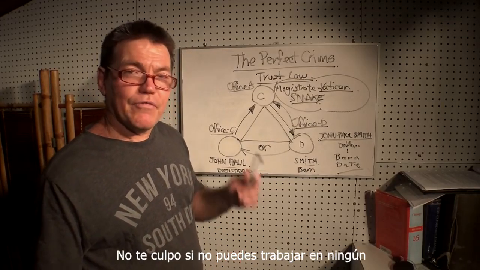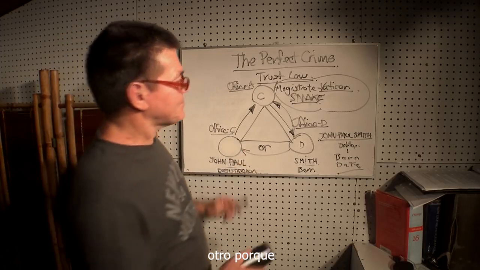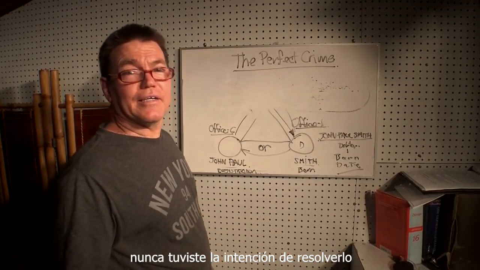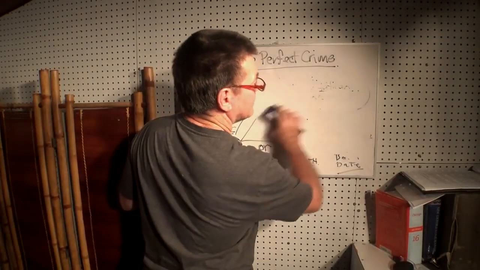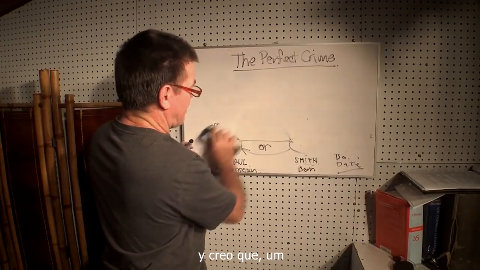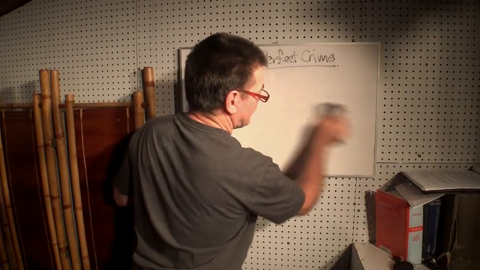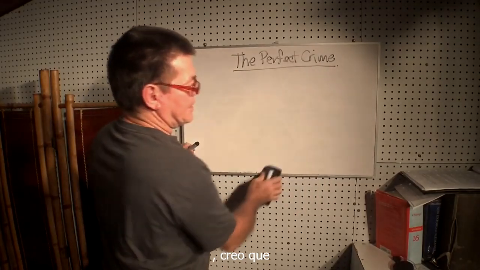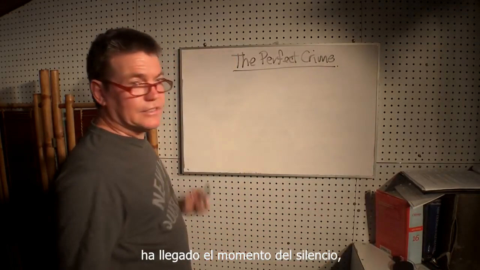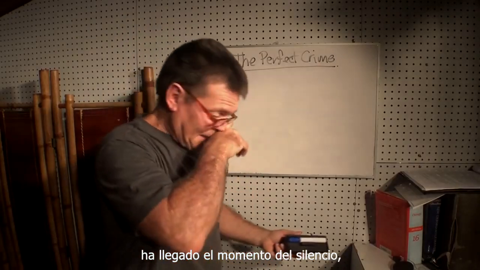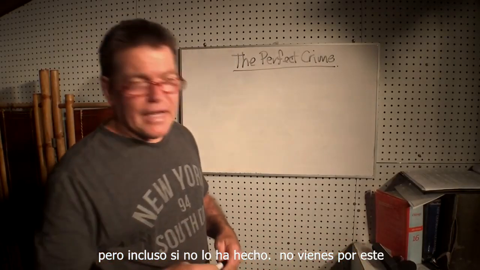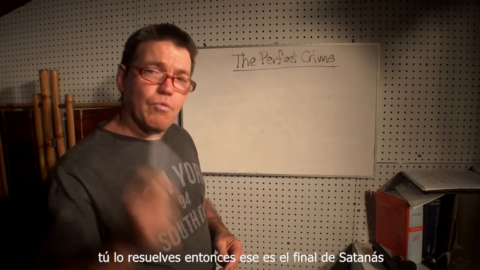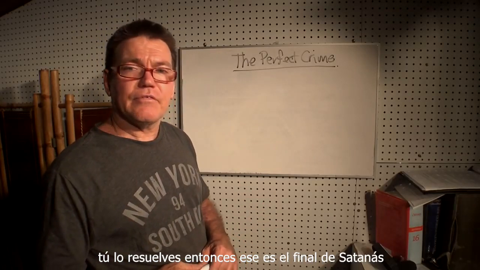I don't blame you if you can't work it out, because you were never meant to work it out. And I think that Satan's time has come. But even if it hasn't come for this planet and no one works it out, if you work it out, then that's the end of Satan.